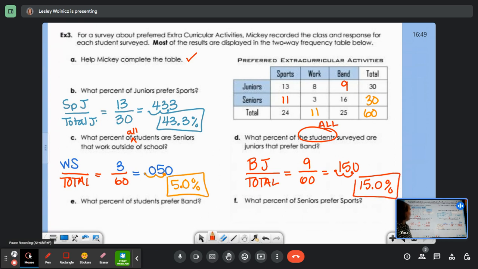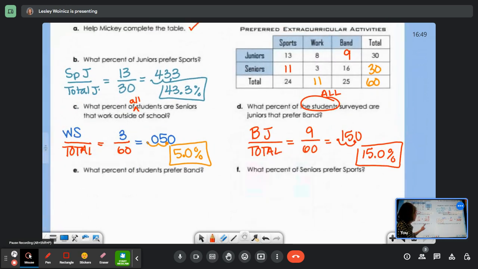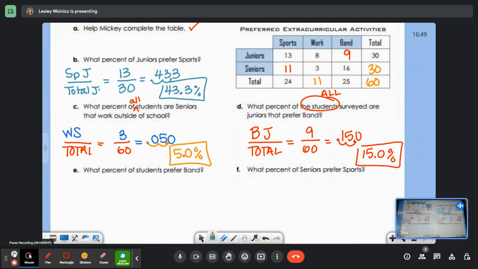Guys, we're almost done. Home stretch. What percent of students prefer band? All right, this is all students again. So this is the big total. And then we want the band total.